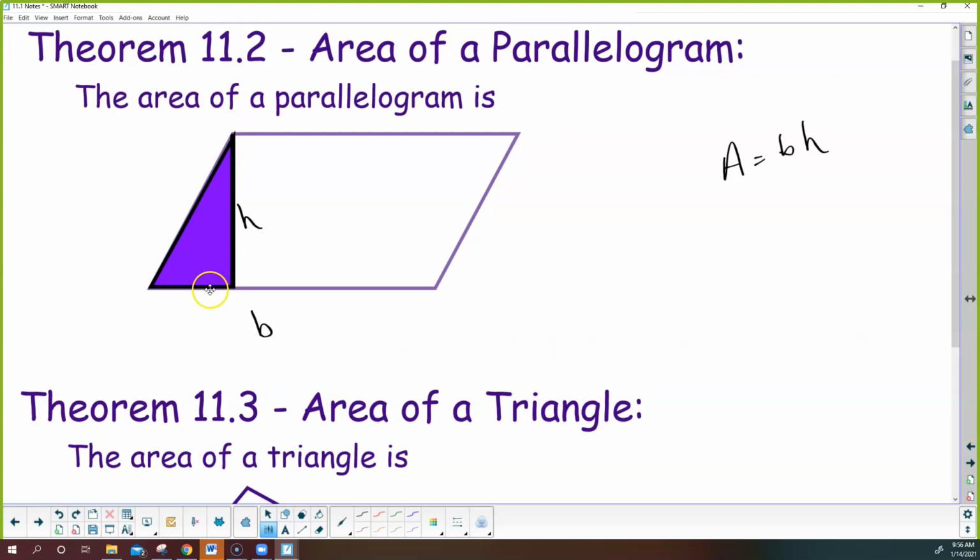I took a scissor and I cut it out, and then I slid that triangle over here. So now this triangle's gone. What shape is it? It's a rectangle. So the area of a parallelogram is the same as the area of a rectangle. The only thing we have to be aware of is how do we indicate that height. And this was just a visualization piece that I could just cut this and turn it into a rectangle.